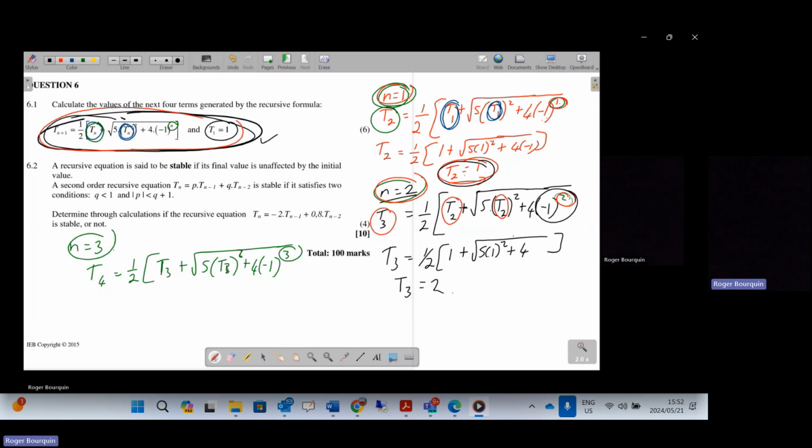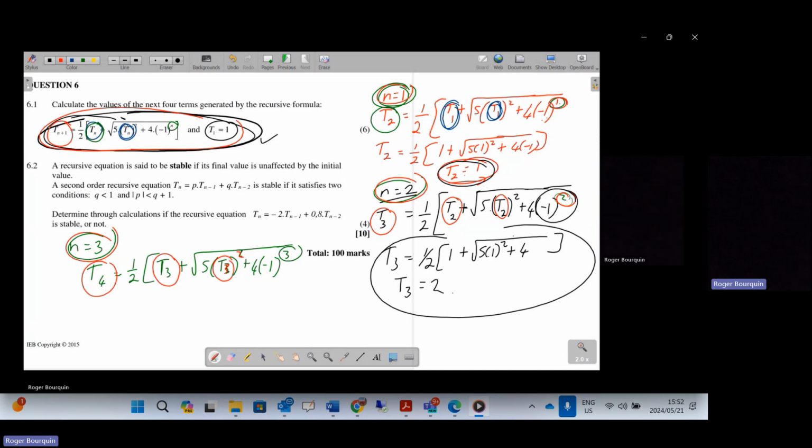Right, so now I've got term 3. Now I'm working with n equal to 3, and I replace every n with 3. I get term 4 is equal to a half term 3 plus the square root of 5 times term 3 squared.